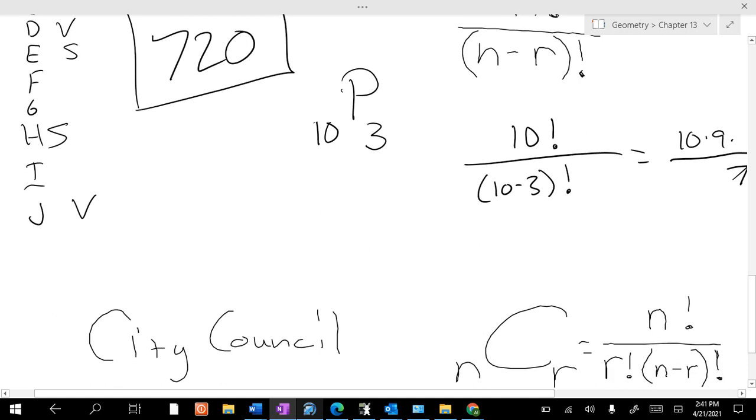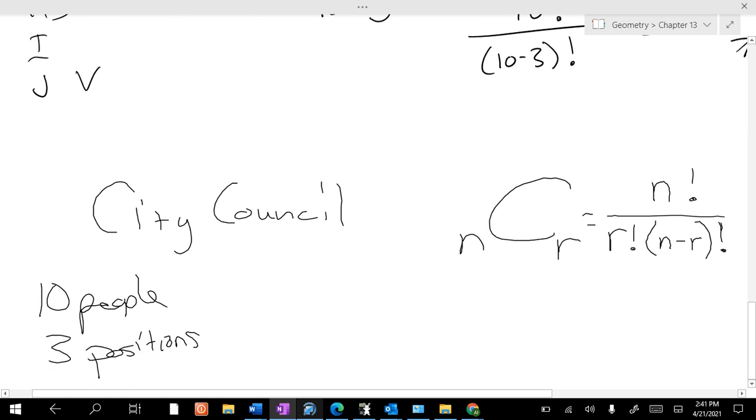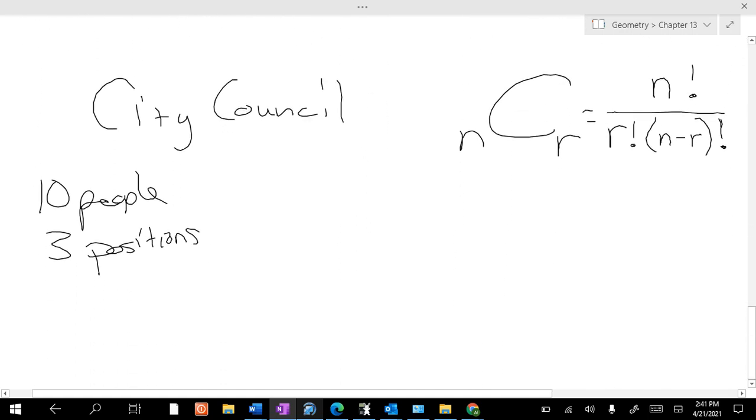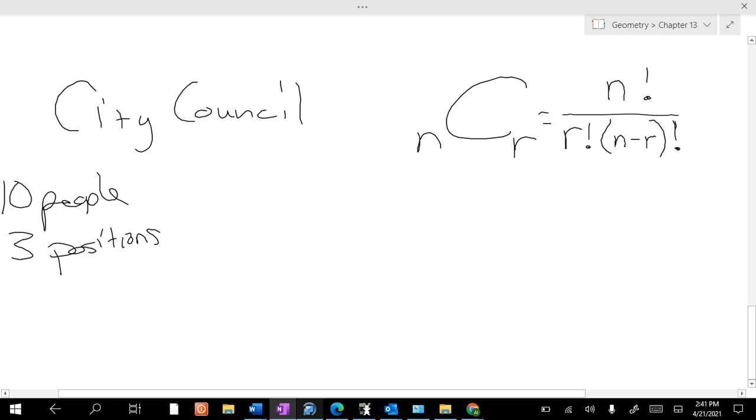So get your calculators out because I want you to help do this a little bit. City council. City council is a combination. Okay? Because people don't have specific offices, they're just a council member. So this is a combination.